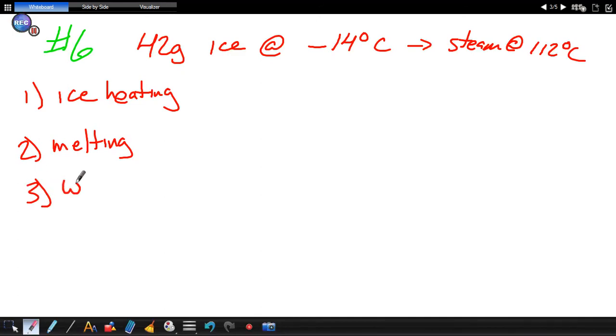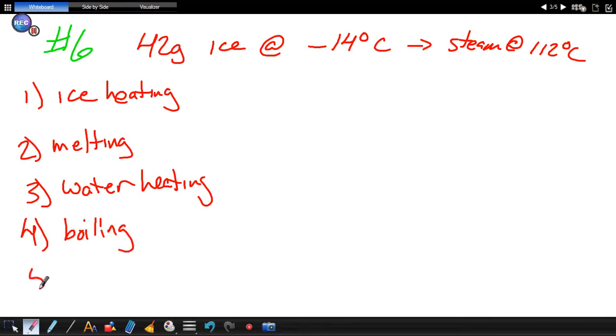And then we have water heating. And then we'll have boiling. And then the fifth step is steam heating. All right. So each step is going to have something very separate.